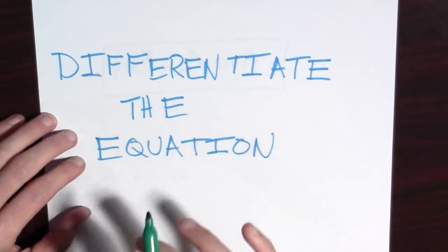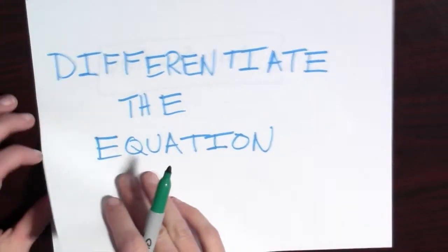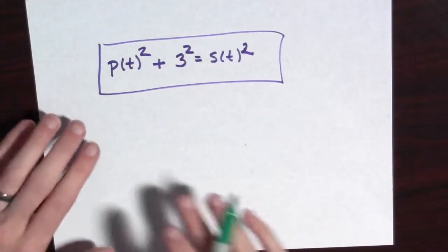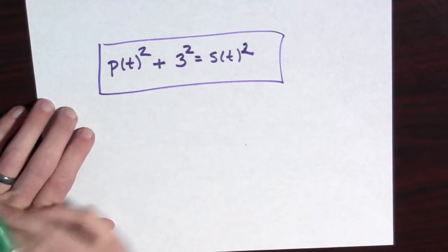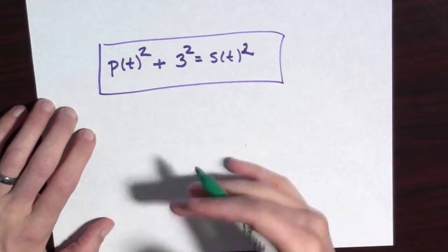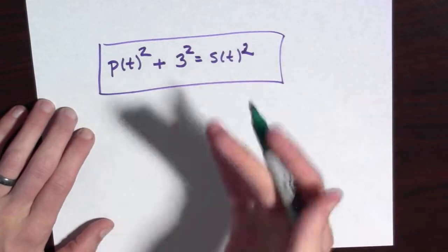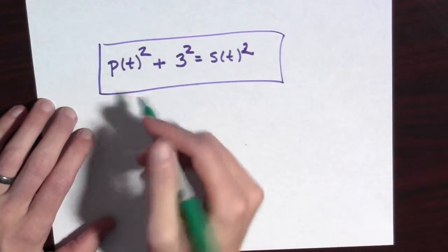Now that we have an equation, we need to differentiate the equation. So let's look at our equation, and we're going to differentiate it with respect to t. To do this, we're going to be using the chain rule all over the place.